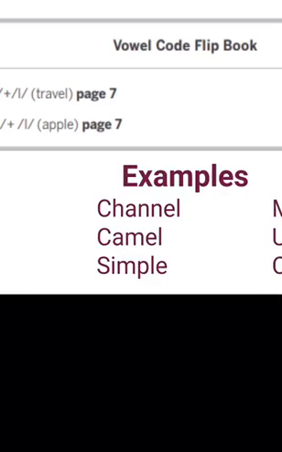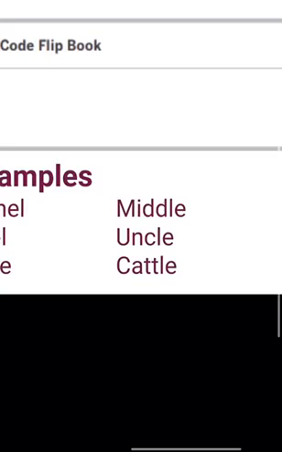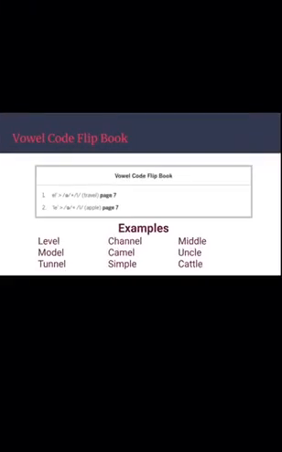And how about in simple? We have that L-E making that ol sound. Okay, our next column. Let's read our words together. Ready? Middle, uncle, cattle. What 2 letters are making that ol sound? That's right, L and E. Very good. All right, let's go on to our next slide.